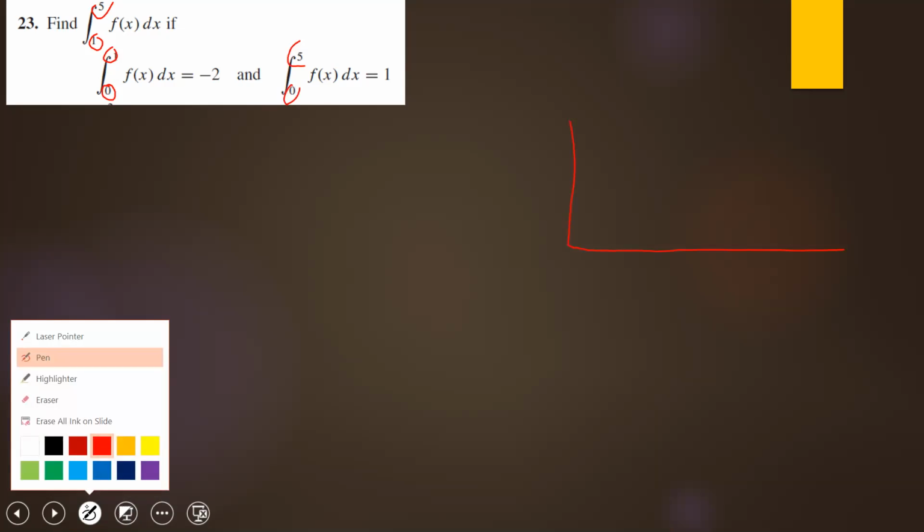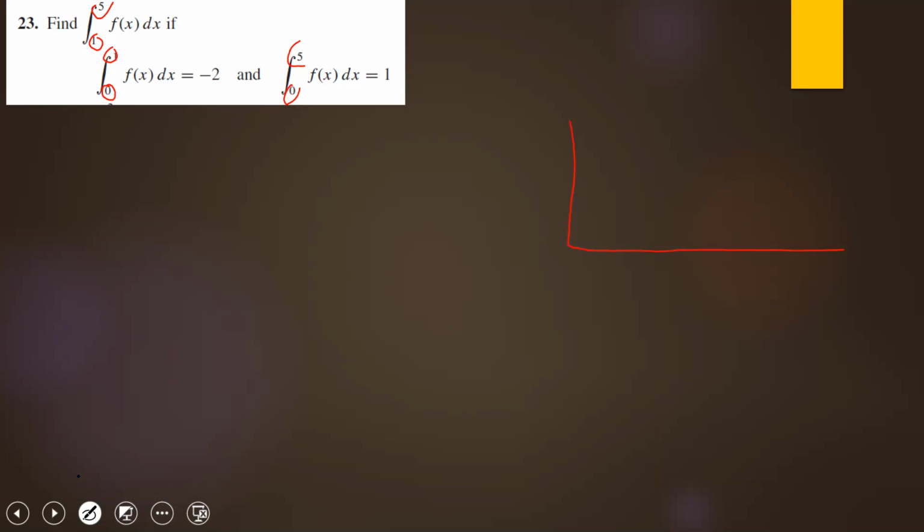Who can give me the idea here? What can I do? Now, here, what did we have? We have 1 to 5, and 0 to 1, and 0 to 5.